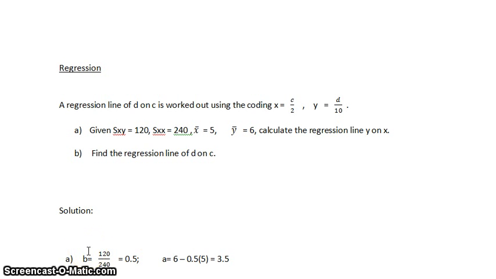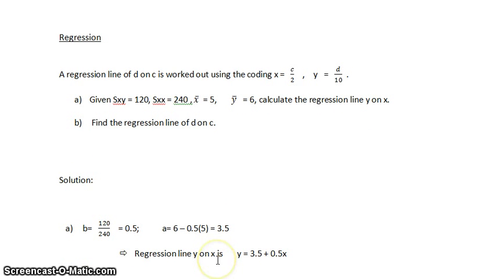So b is just 120 divided by 240 from the summary statistics, and a is the mean of y, subtract b times the mean of x. So we've got our values for b and a, and then you plug that into the regression line for y on x, and you get y equals 3.5 plus 0.5x. That's the regression line for y on x.